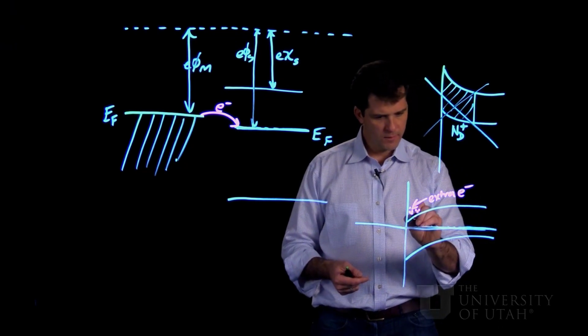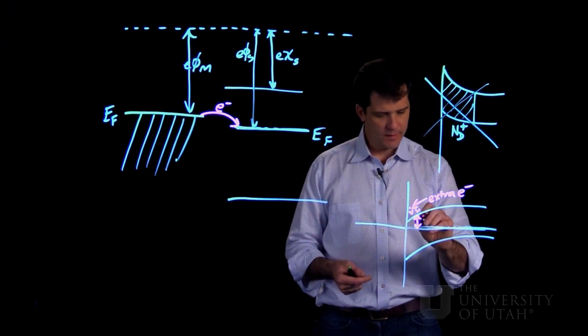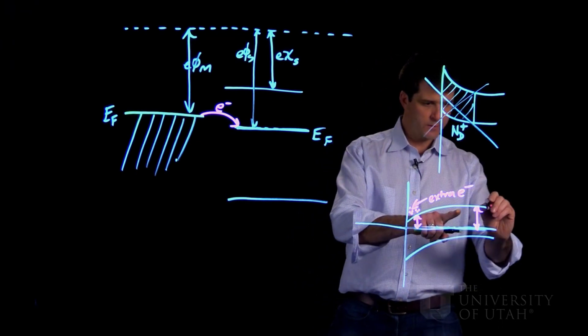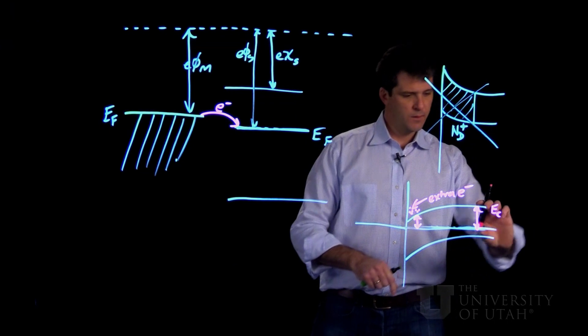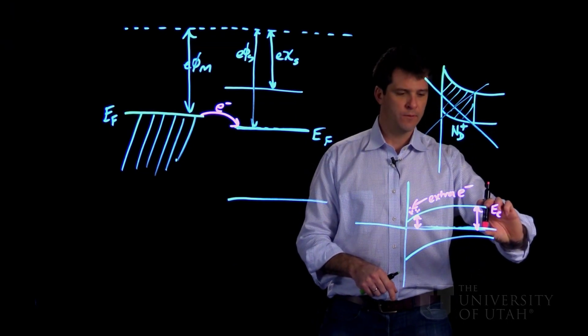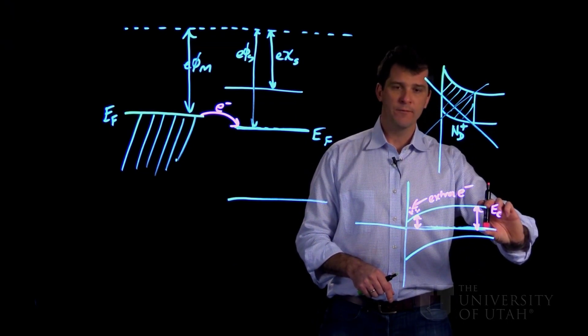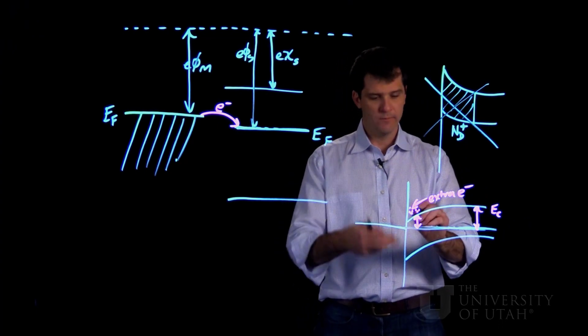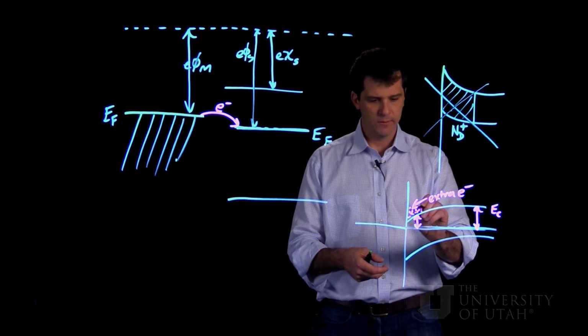And we can see that from the band diagram because the distance between the Fermi level and the conduction band is larger away from the junction than it is close to the junction. And this means that the concentration of electrons in the conduction band has to be greater here.